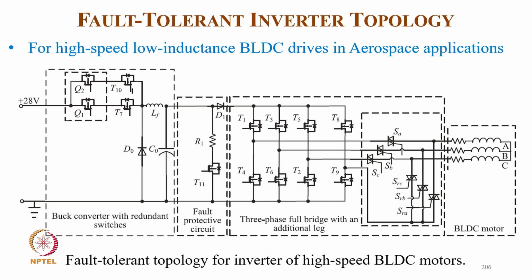Here we have a high speed, low inductance BLDC motor in aerospace applications, where we are using a buck converter with redundant switches, and on the motor side also we have a fault and protective device in between. Then a 3-phase full bridge with an additional leg, and a switching corresponding to the additional leg, with bidirectional switches here which give the redundancy.